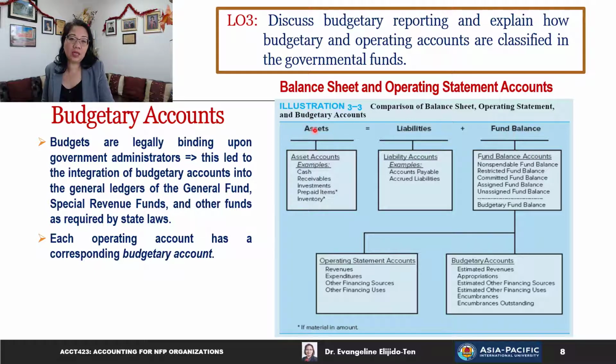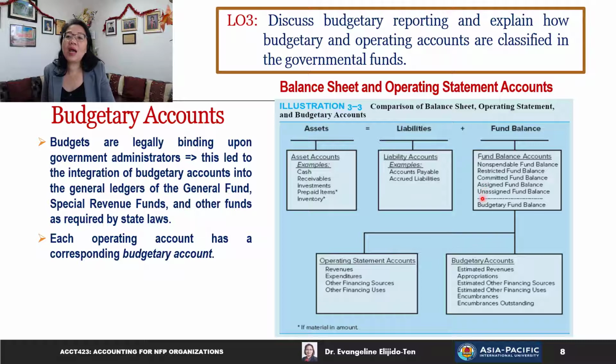So if you deduct assets minus liabilities equals your fund balance. And remember, in topic 1, we discussed that fund balance accounts could be either non-spendable, restricted, committed, assigned, or unassigned. The unassigned fund balance will be the one that is shown in your general fund.